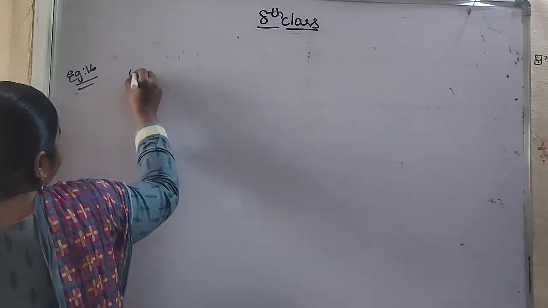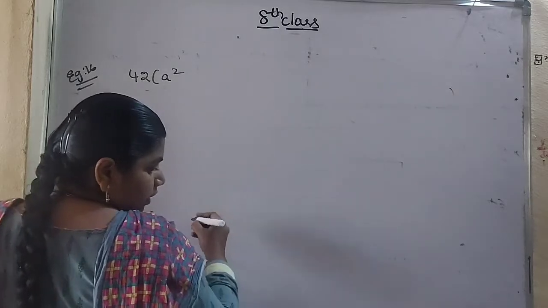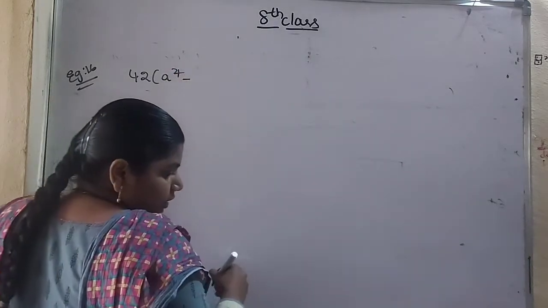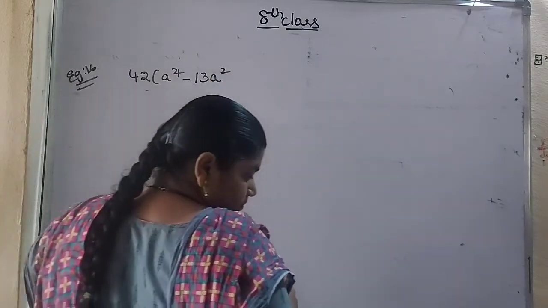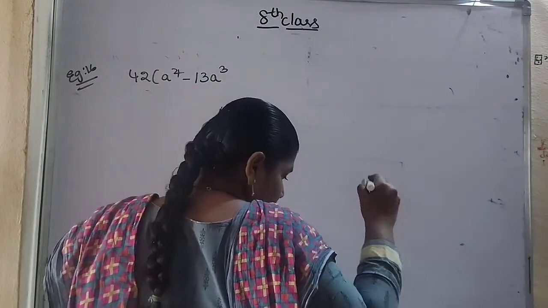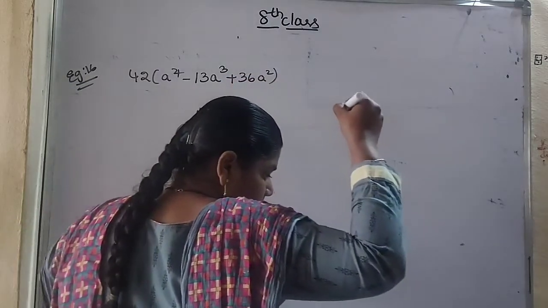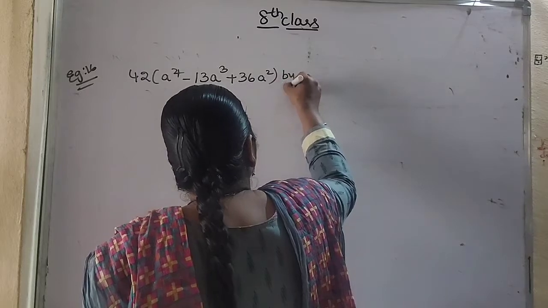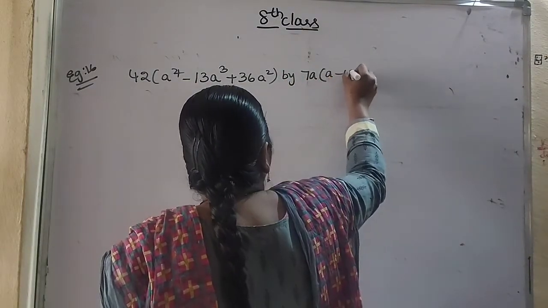Divide 42 a square, a power 4 minus 13 a cube plus 36 a square, by 7a into a minus 4.